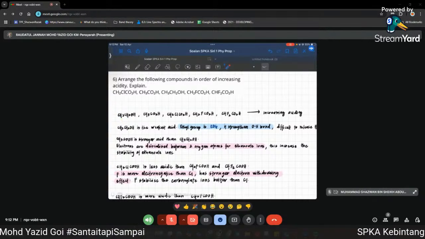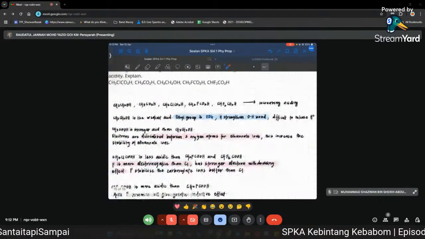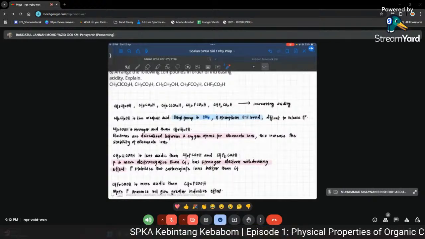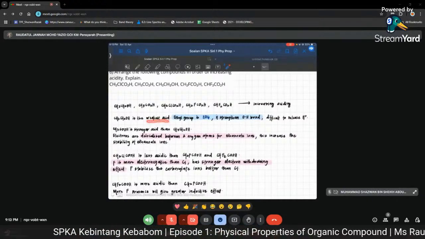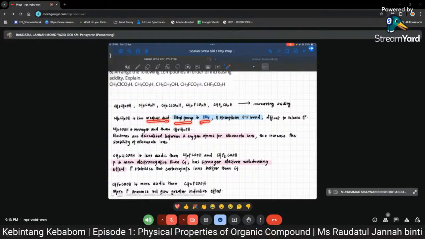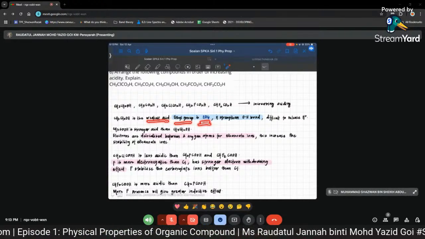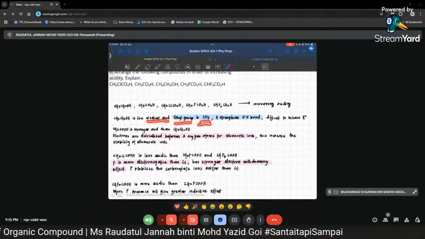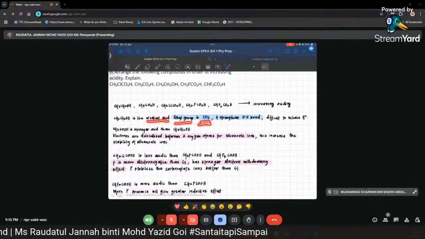So let's take a look at how we're going to discuss the answer. So first one, you can mention, ethanol is the weakest acid. Kenapa? Sebab kita ada ethyl group, which is electron donating group. Okay, and again, I would like to emphasize, please make sure you write down the full term that you use in your answer.